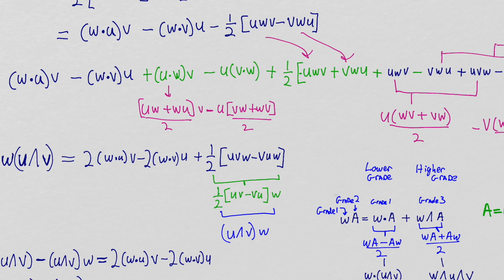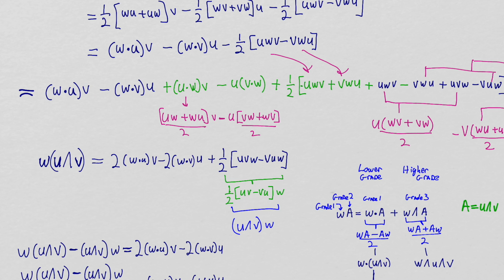So I now subtract this part and add this part. And now this, which is in green here, is just U dot W V minus U times V dot W, a real number times two more vectors, just like these two guys.